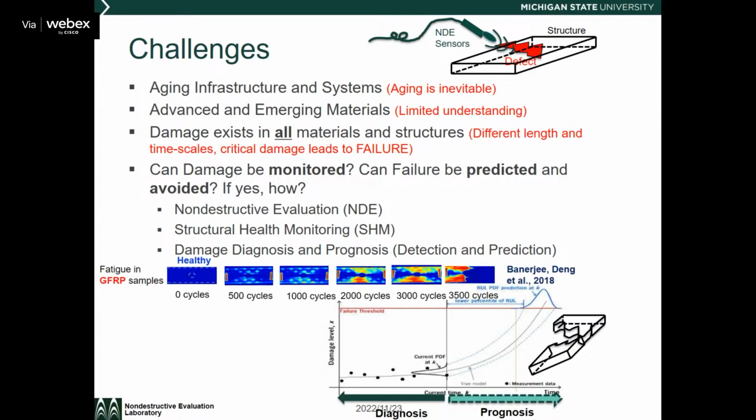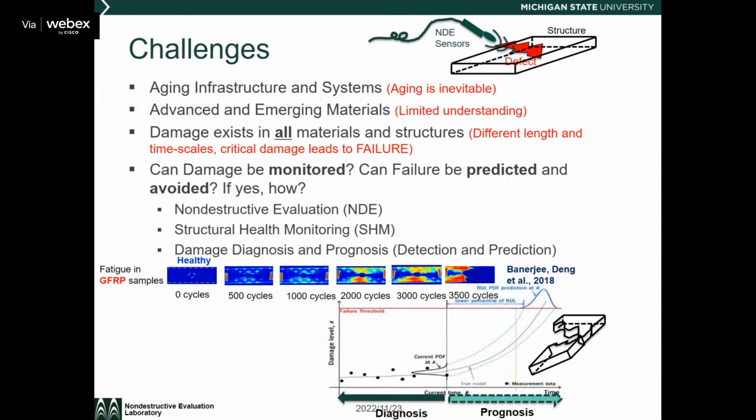I just want to show you some data. These are the fatigue problem in the GFRP, glass fiber reinforced polymer, where we use an NDE method to measure the damage progression over time. This is a lab environment measurement.